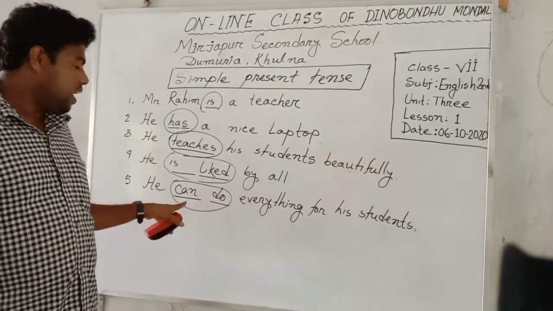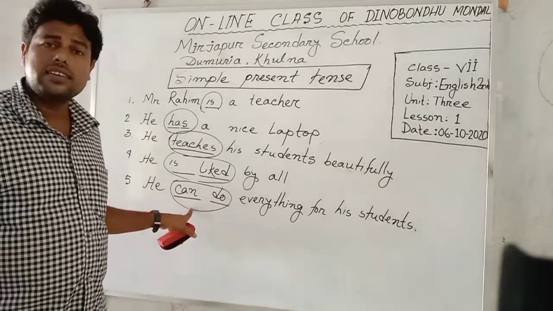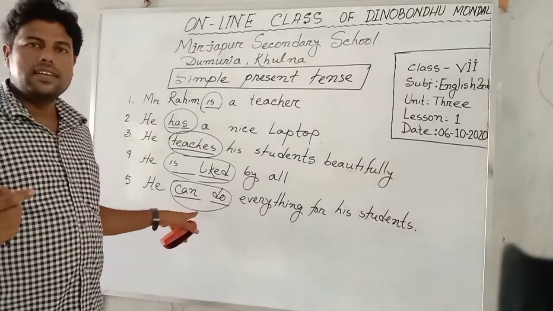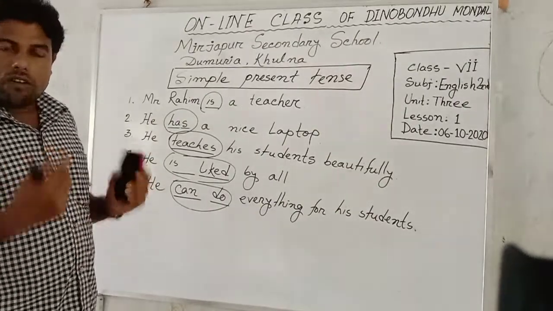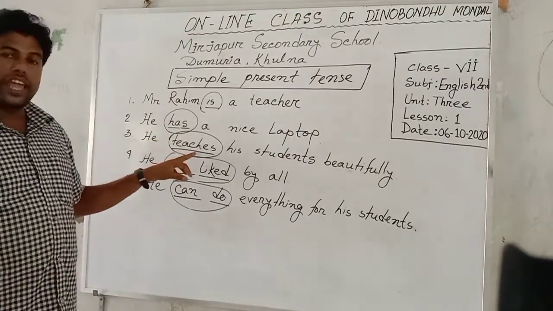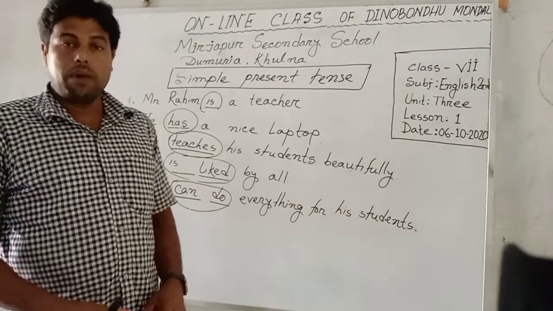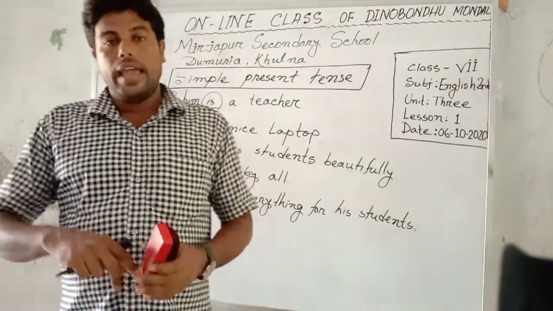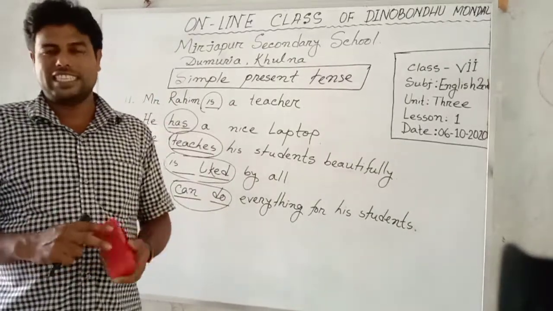We have used a verb can. This is called a modal verb. So from these lines we have got 5 kinds of verbs which are used in simple present tense.